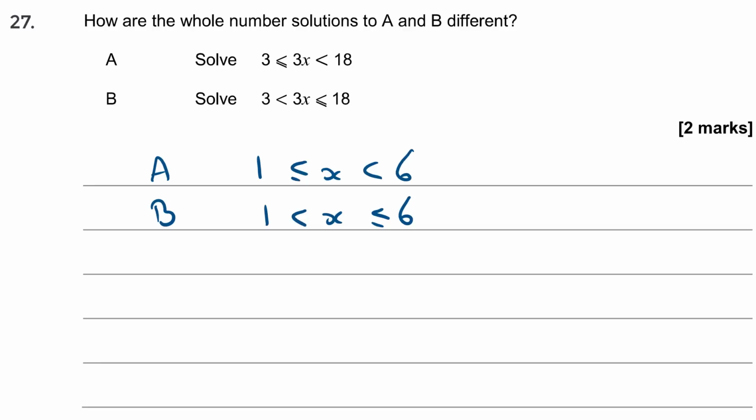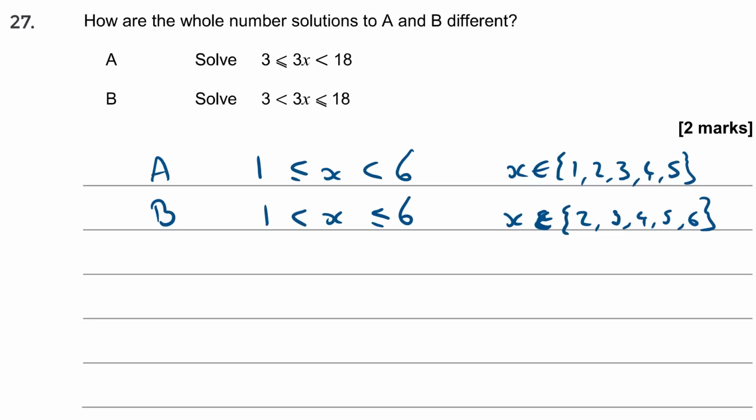Okay, so the values of x which satisfy A are going to be the values 1, 2, 3, 4 and 5, and the values of x that satisfy B are the numbers 2, 3, 4, 5 and 6, because the endpoints are slightly different, aren't they?